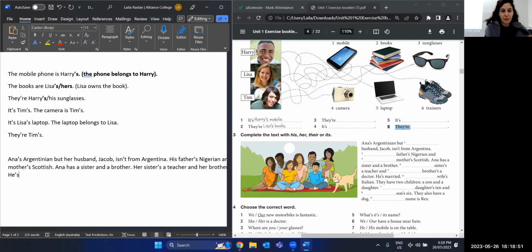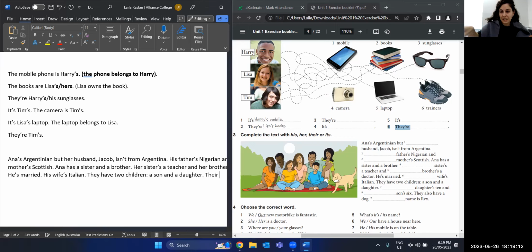He's married. His wife's Italian. They have two children, a son and a daughter.